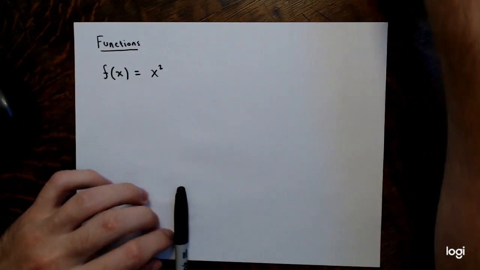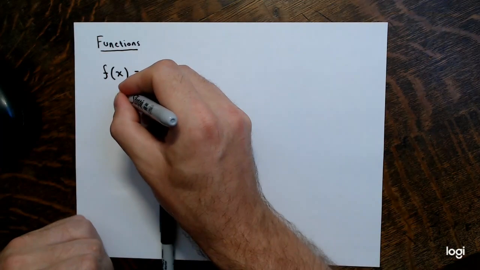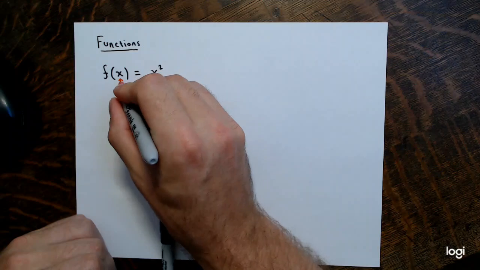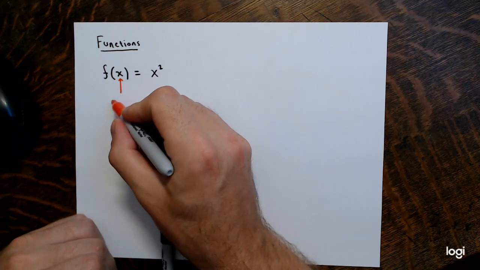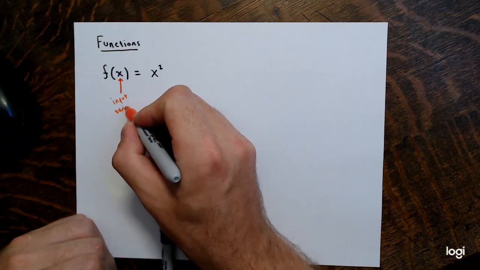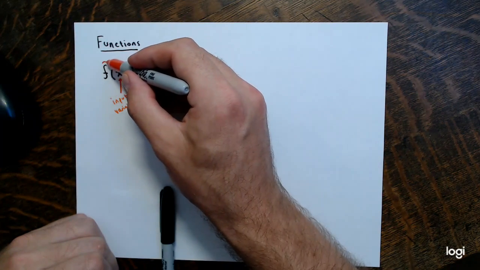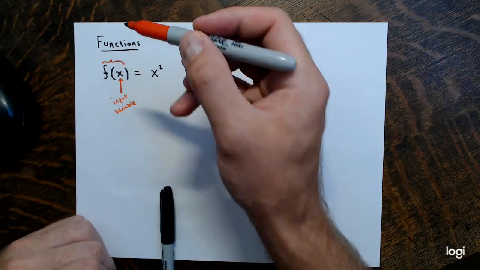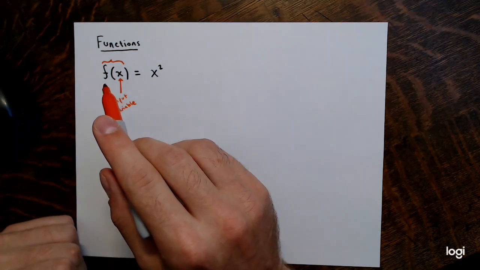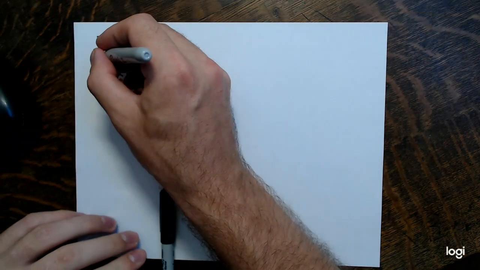When you see this notation, the variable in the parentheses is your input variable, and then this entire thing, the f of x, is the output.